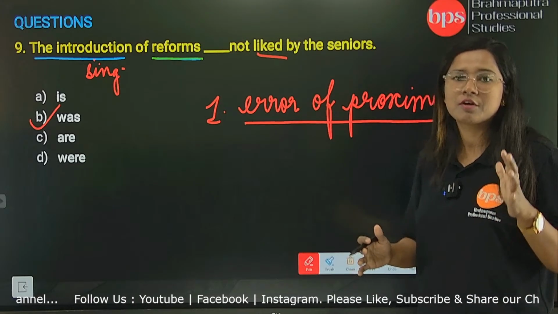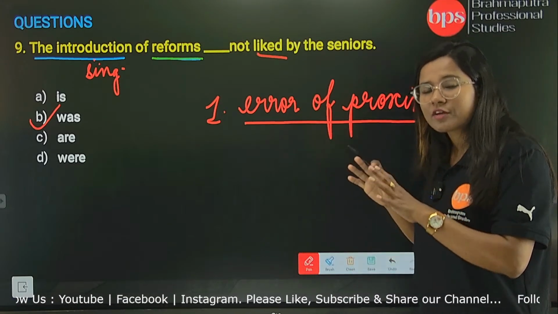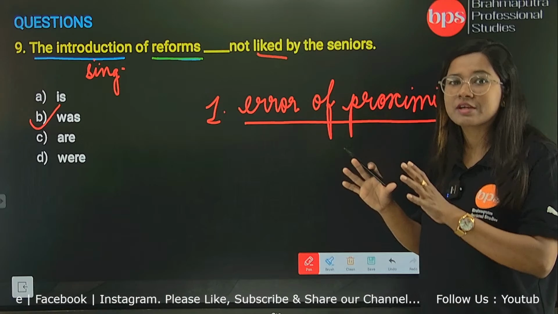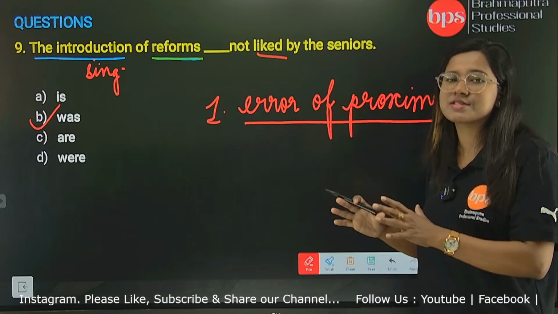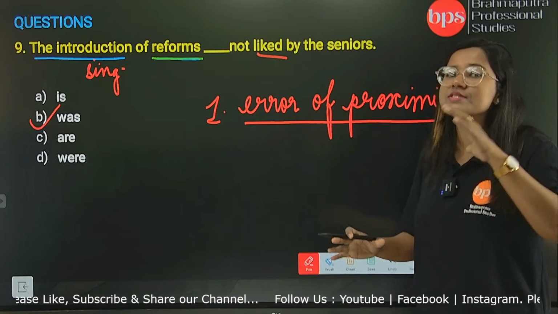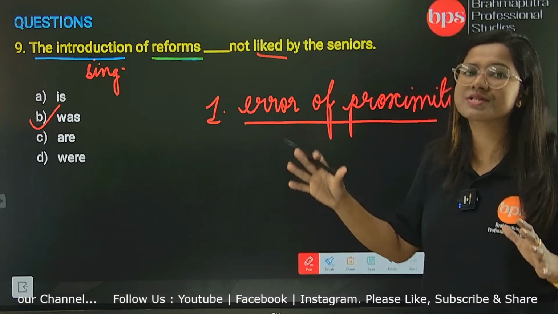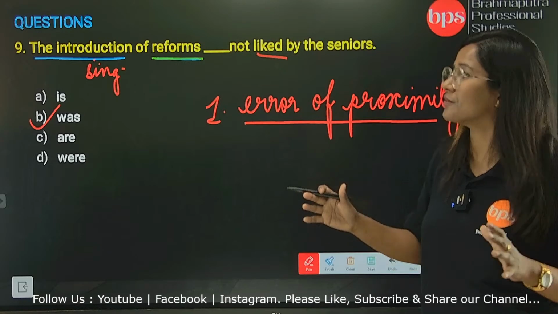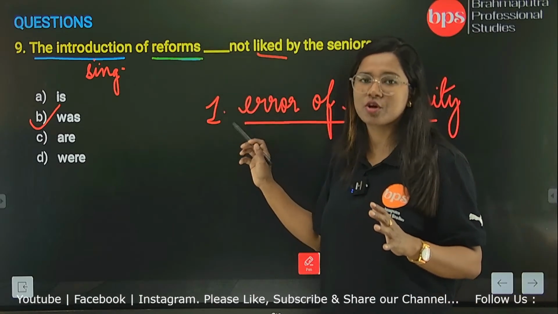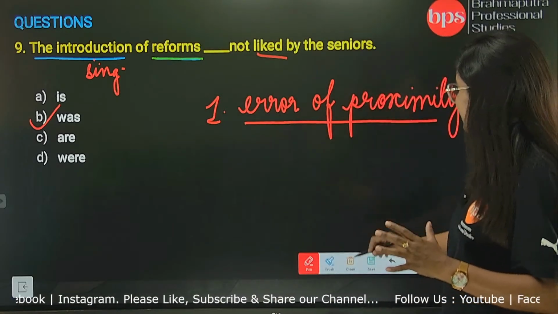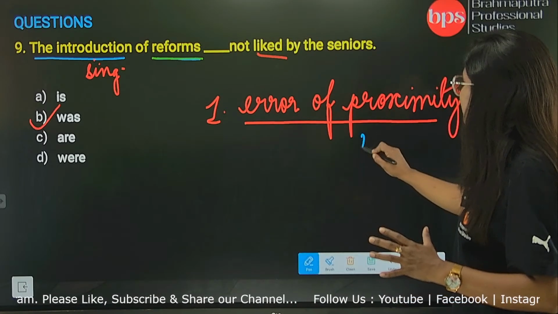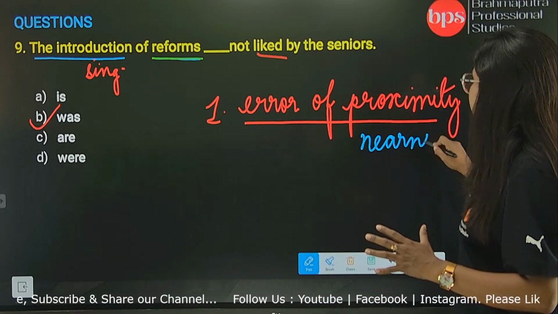What I am trying to focus on is that you should think about the idea the sentence is giving us. And because I have said that these kinds of questions are frequently asked, the questions related to nearness or to proximity. Proximity is nothing else but the concept of nearness. Which one is near?